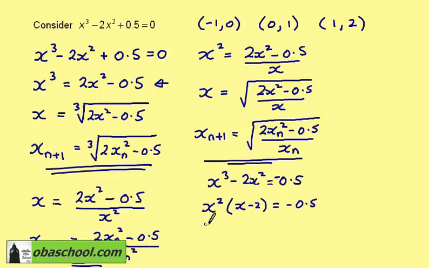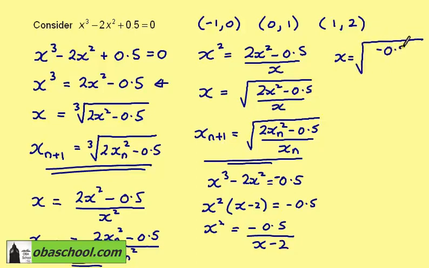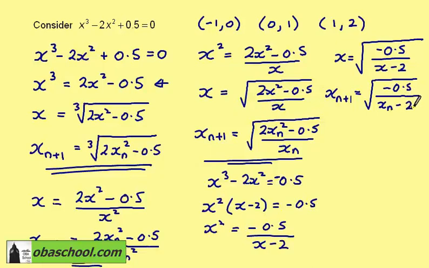If we divide both sides by the bracket, we get x squared is minus 0.5 divided by x minus 2, and then square rooting both sides, we get x is the square root of minus 0.5 over x minus 2, giving us the iteration formula xn plus 1 is the square root of minus 0.5 over xn minus 2.